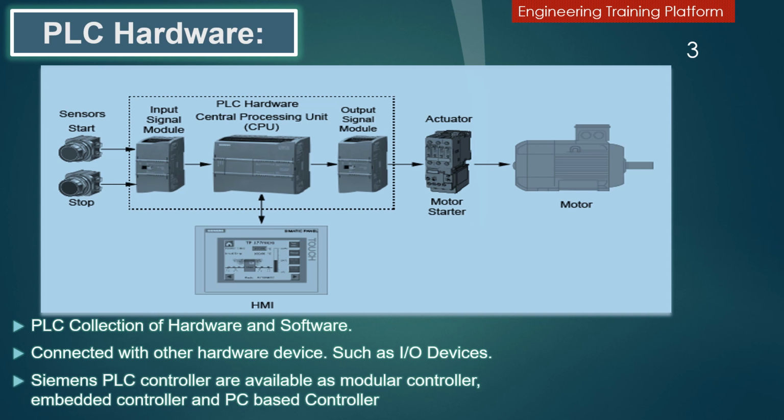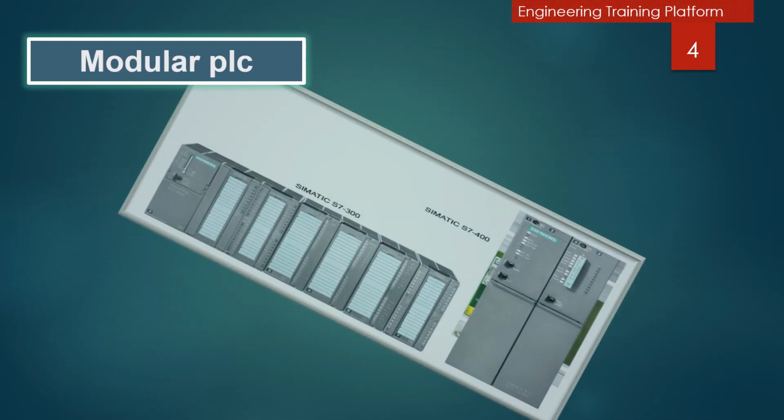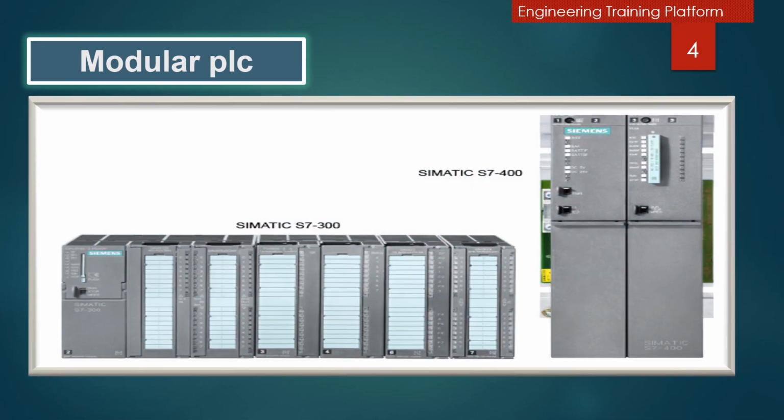Simatic Siemens PLC controllers are available as modular controller, embedded controller, and PC-based controller. You can see in the picture the modular types of PLC, Simatic S7-300 and Simatic S7-400. Simatic S7 modular PLCs include a variety of models.